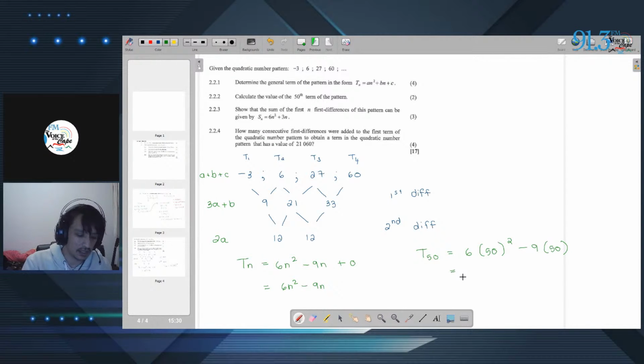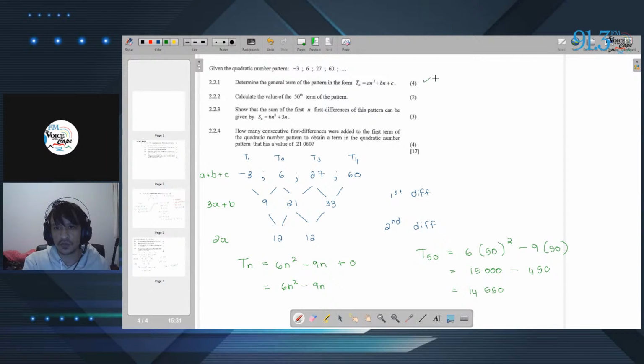We times that by 6, we get a value of 15,000 over here. And we subtract that from 9 times 50, which is 450. And we'll find that our answer will simply be 15,000 minus 450, 14,550. And there we go.